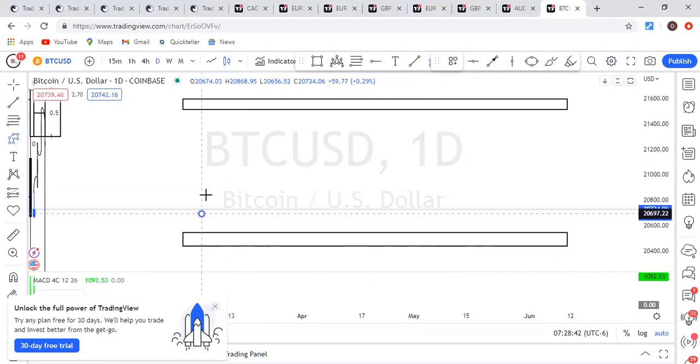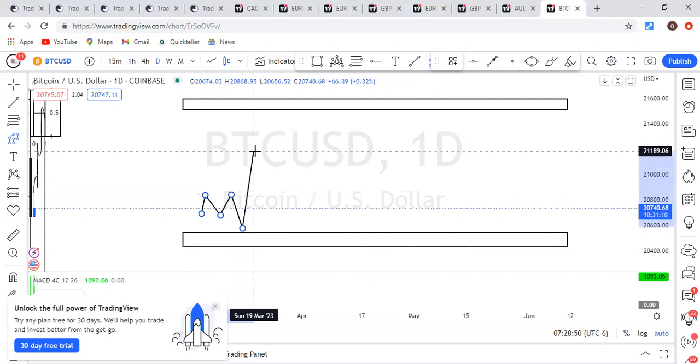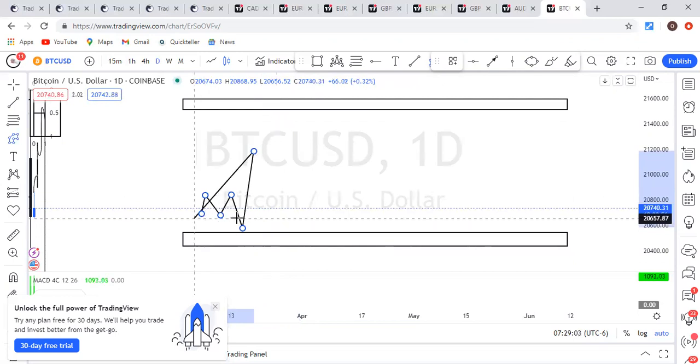Maybe you have something like equal lows and price sweeps it, then gives a break of structure to the upside. Then number one on my checklist: is there a sweep of liquidity? That's what I want to see first. Sweep of liquidity, which we have here.